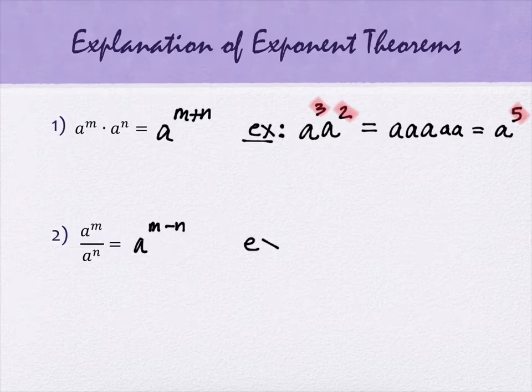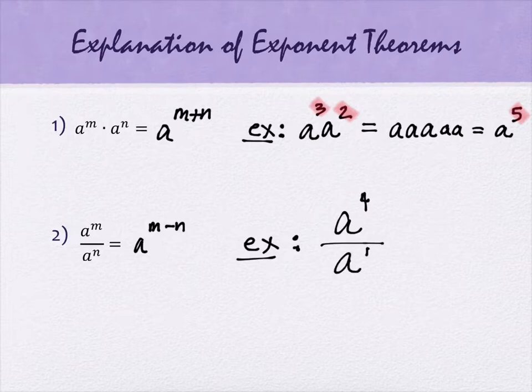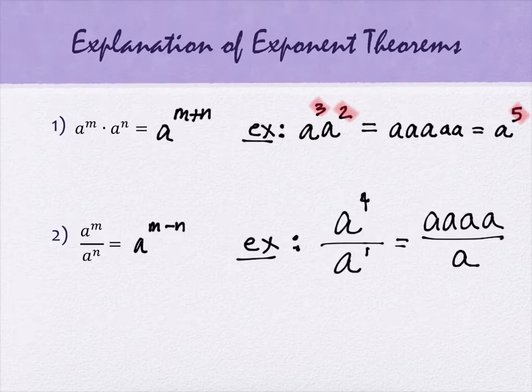So again, an example. And the example we're going to use is actually going to have a to the 4th over a to the 1st, like that. All right, so a to the 4th means what? 4 a's. A times A times A times A. And I just have a to the 1st, which is just a in the denominator. These are all multiplied together.